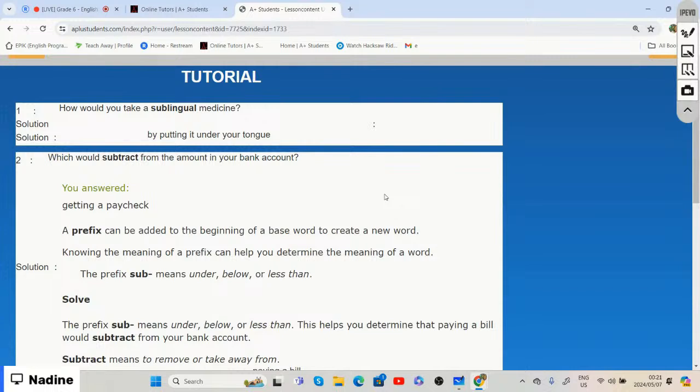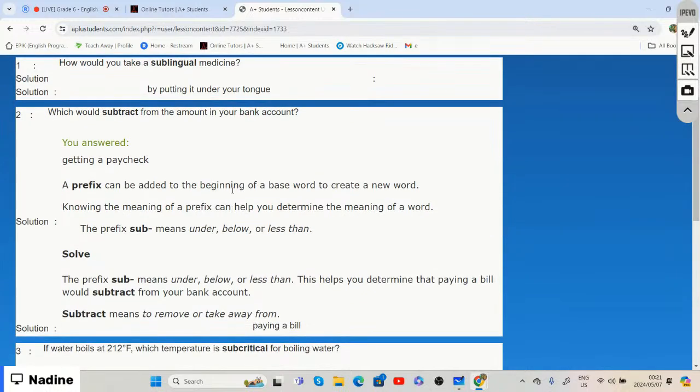And sublingual is something to do with applying it under the tongue, like those glands that you have here under your tongue. That is why we say, how would you take a sublingual medicine? A sublingual medicine we will take by putting it under your tongue.